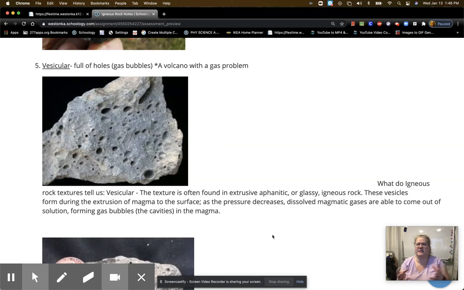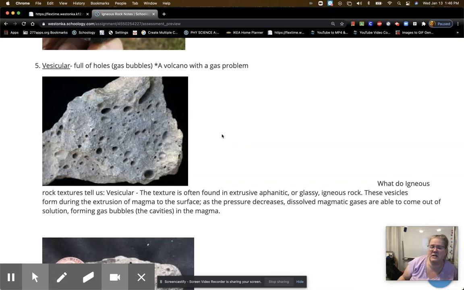And as they are released, think of like you shake a can of pop and then pop it open, it's going to basically explode out, right? Well, that's the same thing that happened here. In this case, magma is released from pressure, so all the gases that were dissolved into it explode out, creating these holes within the magma itself, and you get this vesicular igneous rock.